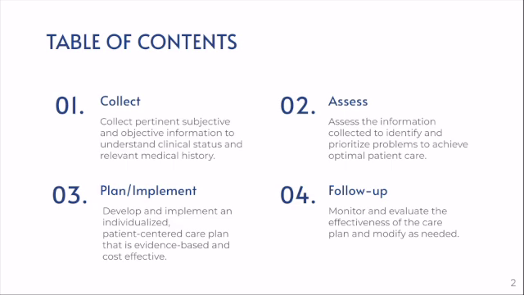After assessing, we'll make a plan and implement section. Here, we'll develop and implement an individualized care plan that will take into account the patient and their current needs and what their therapy goals will look like. And then after that, once we plan and implement, we'll do a follow-up where we will monitor and evaluate the effectiveness of the care plan and modify it to the patient's needs.